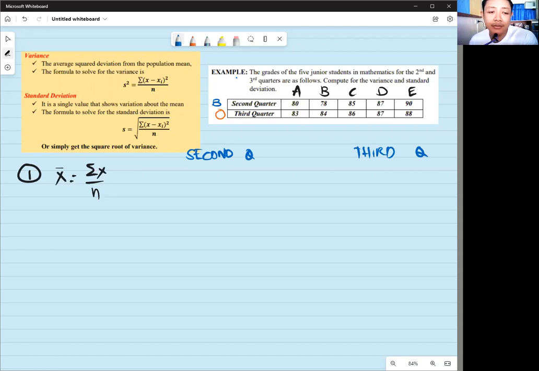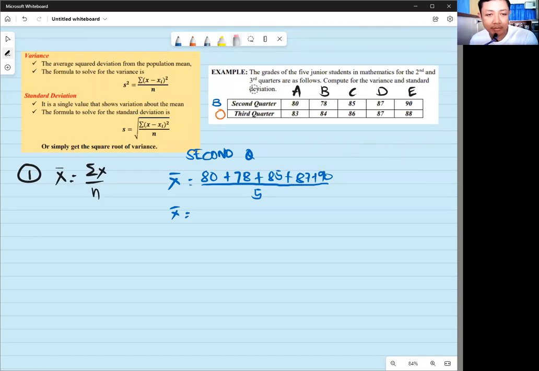So let's just compute for the mean. For the mean of the second quarter, get ready your calculators, everyone. So we have here 80 plus 78 plus 85 plus 87 plus 90. Divide it by 5. Press your calculators, please, and send the mean in the chat box.